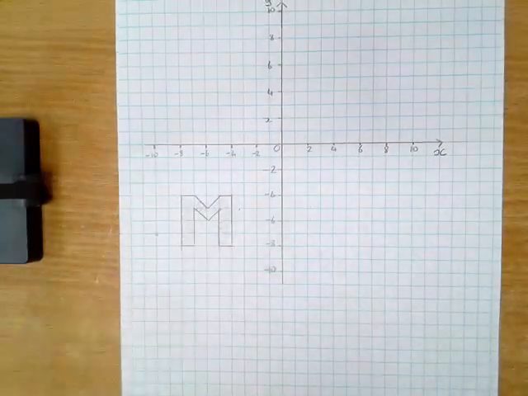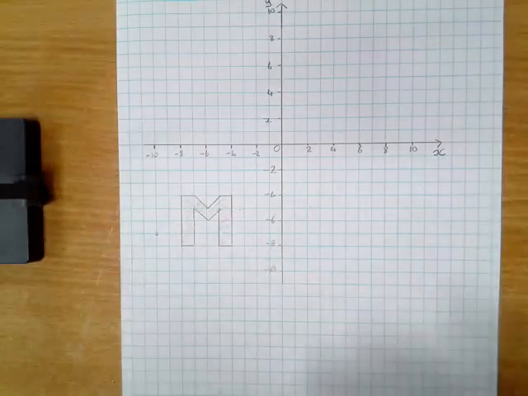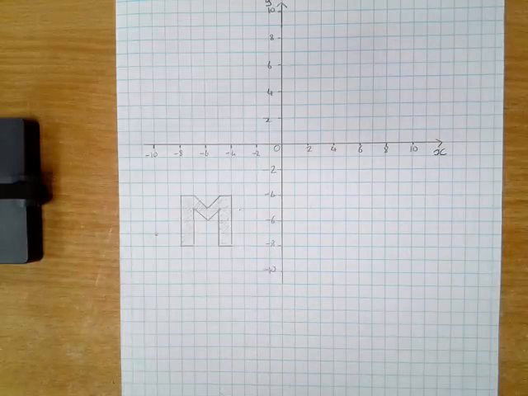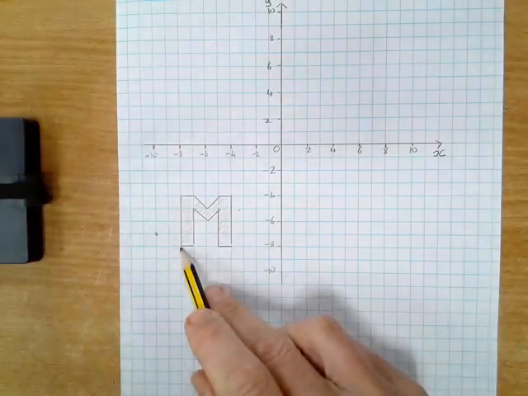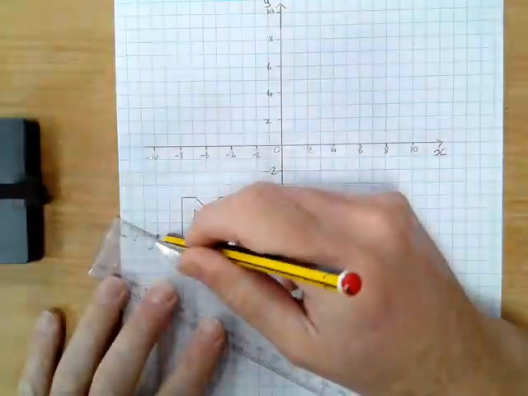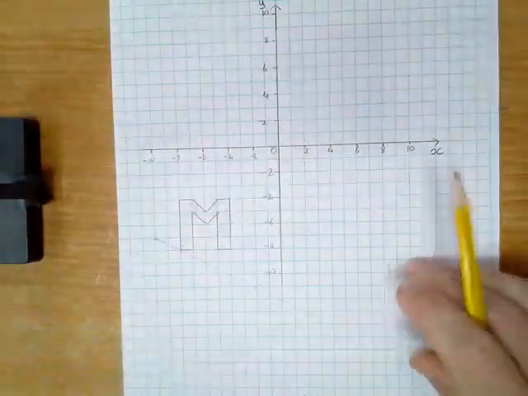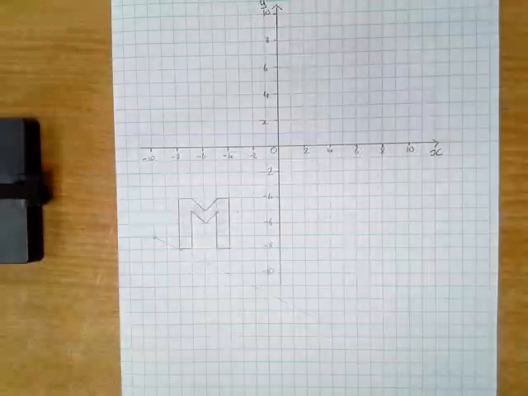I am now going to enlarge the shape. So, if you recall, to do this, all you do is you pick a point on the shape, any point you like. So I'm going to pick this one here, and you draw a line from that point going down there like that. I could have chosen any of the points, I just happened to choose that one there.